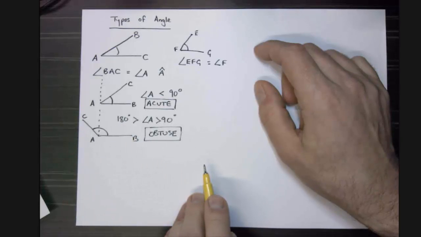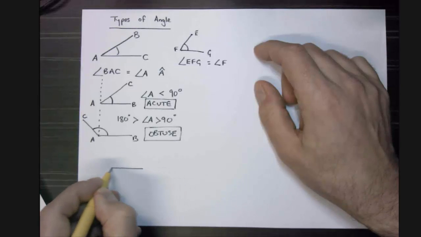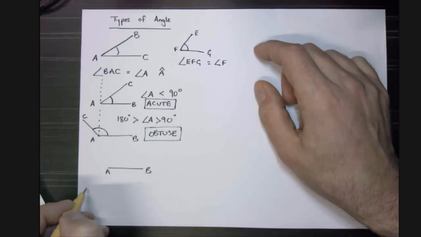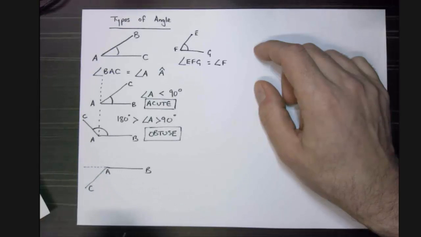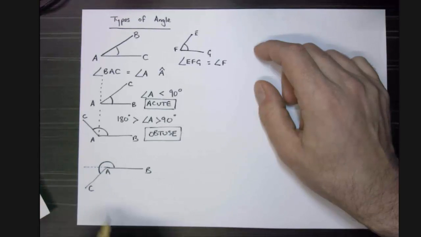The next one is if it's a bit bigger again. If you've got one that's a bit bigger, let's say BA is there, and then C is over here. The line would be actually bigger than 180. There's 180, the dotted line. This is an angle that's bigger than that, so it goes to there.